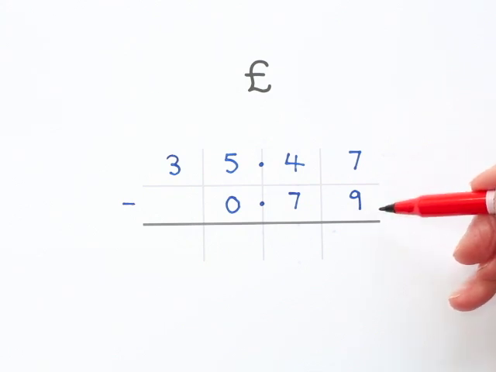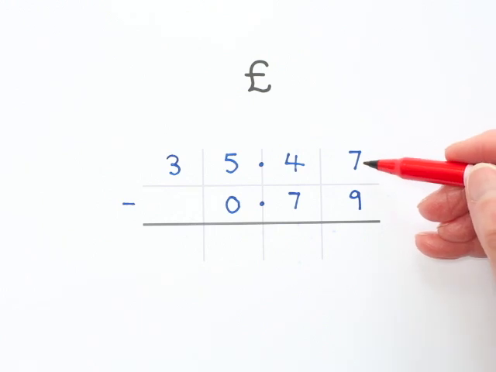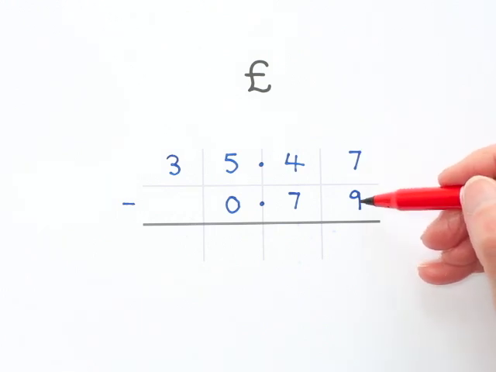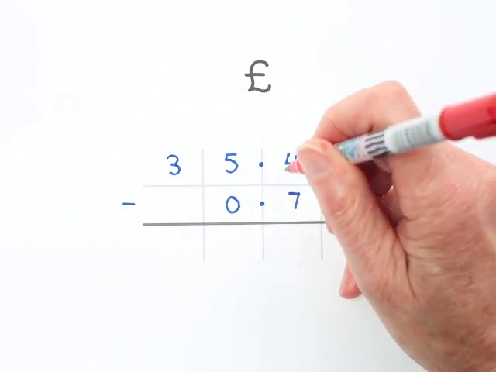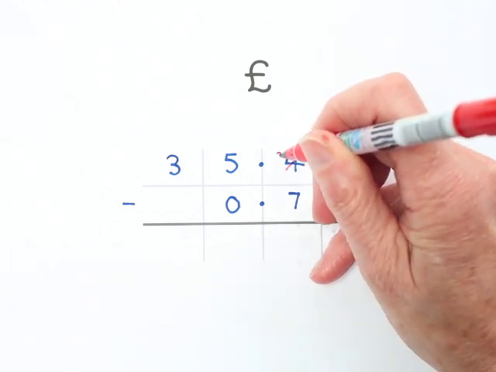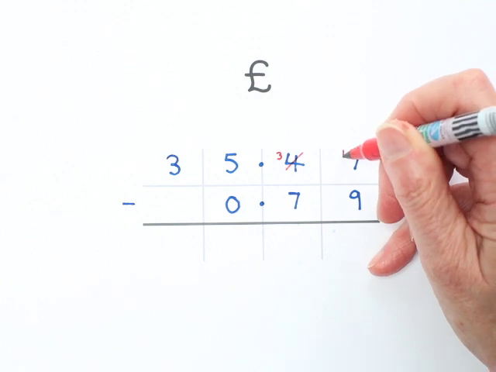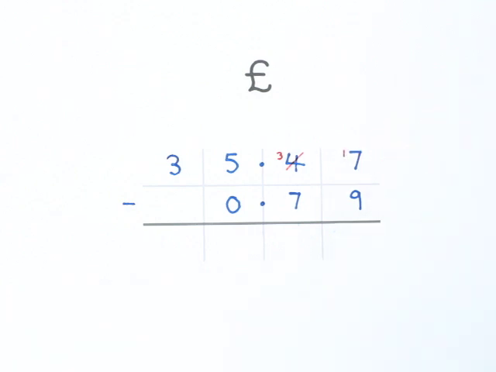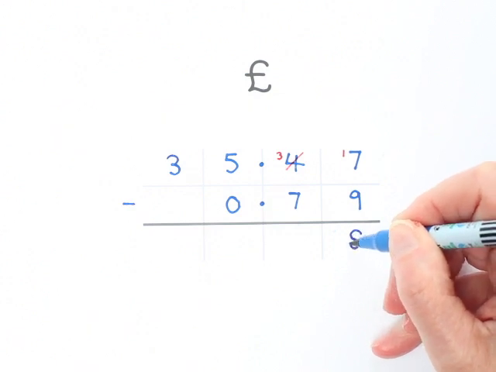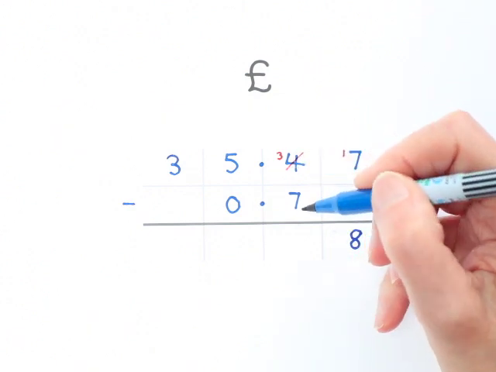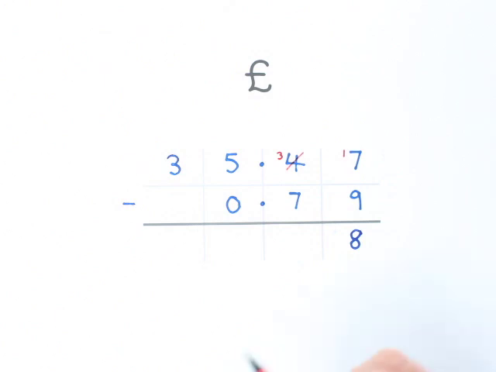£35.47, take away 0.79. Starting in this column, 7 take away 9 you can't do. Go next door to this column where there's a 4. Take one of those, leaving 3, and put it as a little 1 beside the 7. 17 take away 9 is 8. And in this column we've got 3 take away 7, which you can't do.